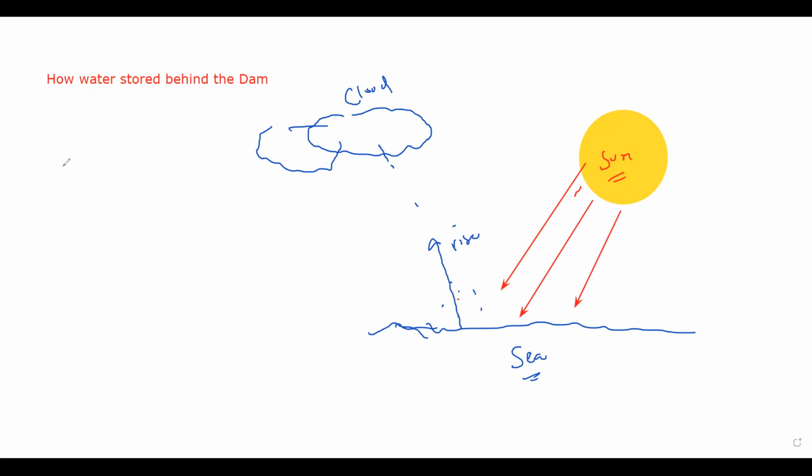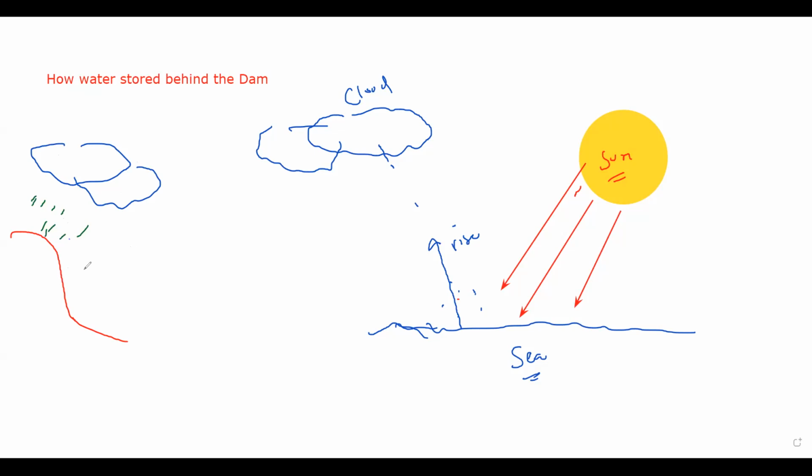clouds. And when these clouds move from one place to another and it rains in the valley or at a higher altitude, the water starts to flow.